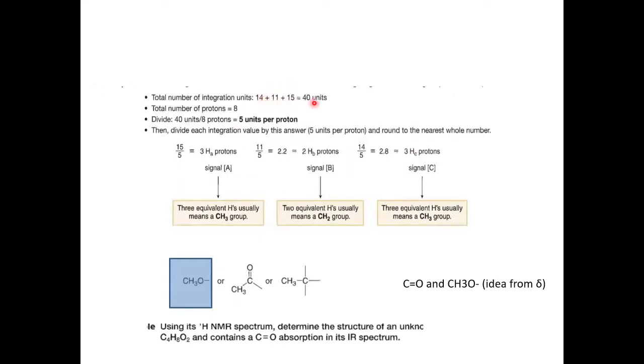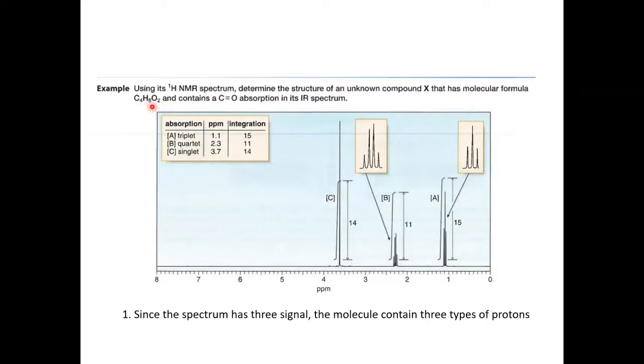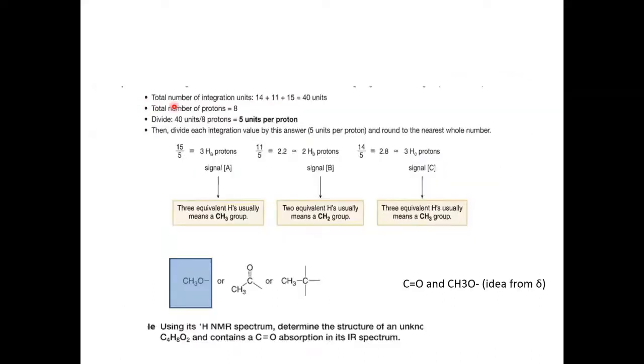Just add all the integrations, and we know from the formula C4H8O2 there are 8 hydrogens. The total is 40 units, divided by 8 is 5 units per proton, right? So 5 units represents 1 proton because we know the molecular formula contains 8 hydrogens. Now each signal has a different integration, so we divide by 5 to determine how many protons there are.